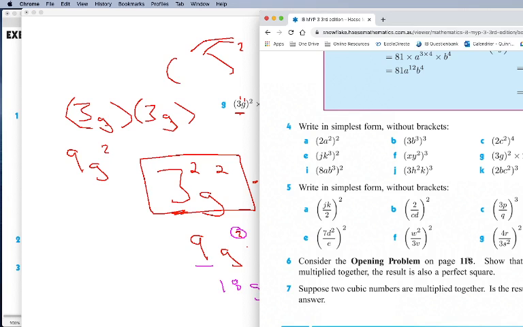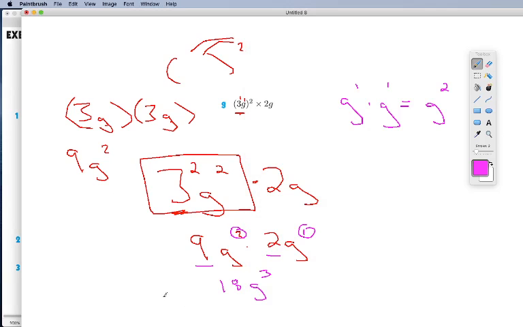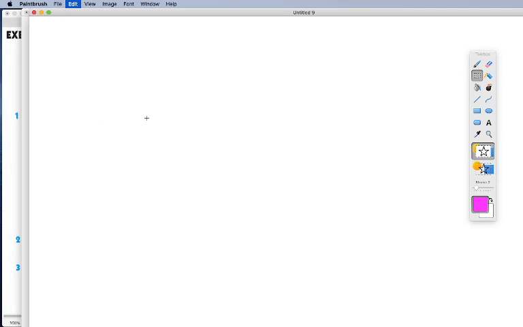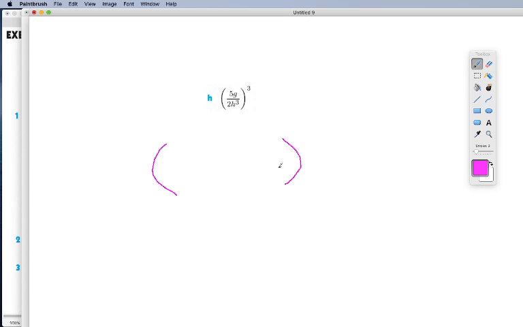And then even more advanced are these ones where you have to have division at the same time. So I'll do the last one just in case someone gets through them and wants to try something very difficult. I'm going to rewrite it so it's bigger. 5g over 2h cubed.